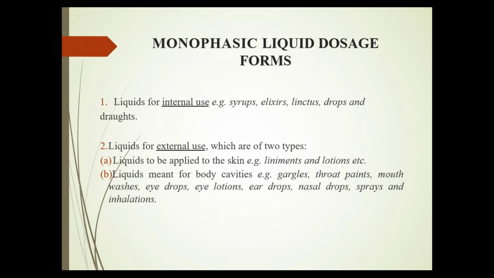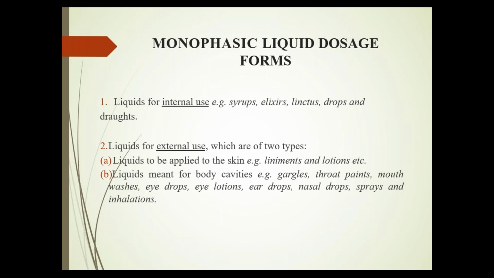Next are the liquids for internal use, which we will study: syrups, elixirs, linctuses, drops and draughts. The next group is liquids for external use, which you apply topically onto your skin, like liniments and lotions.